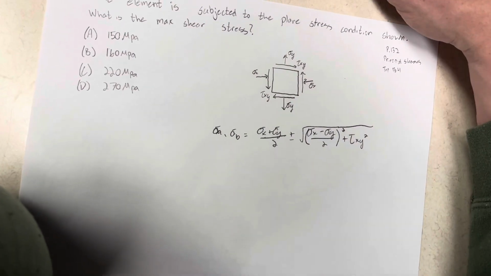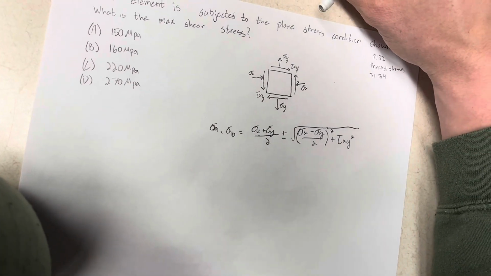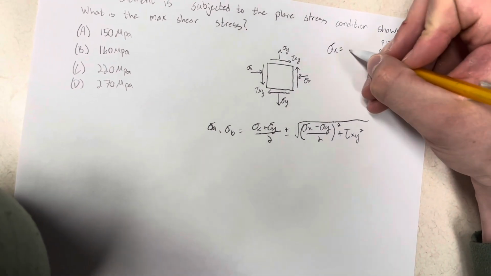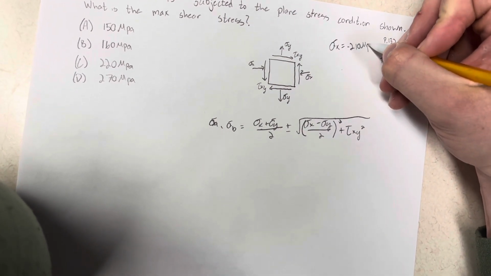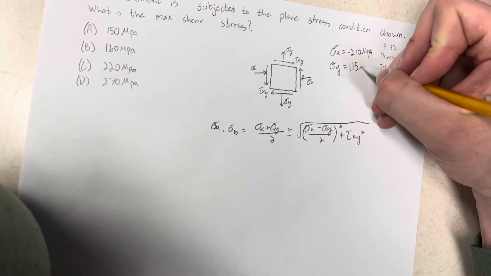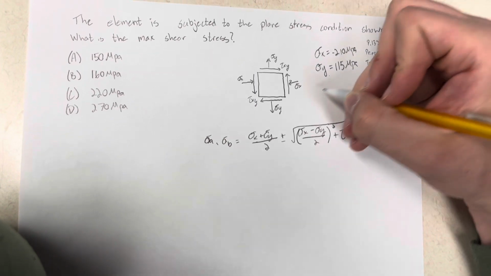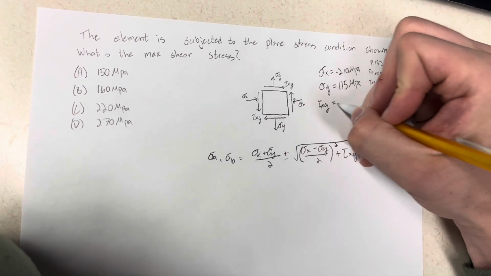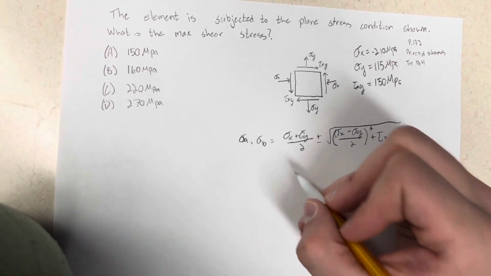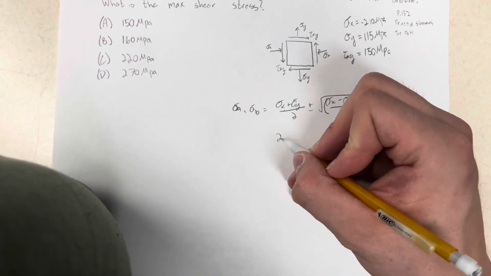So to fill this in, we're given sigma x equals negative 210 MPa, sigma y equals 115 MPa, and tau xy equals 150 MPa. So it's pretty straightforward and standard.